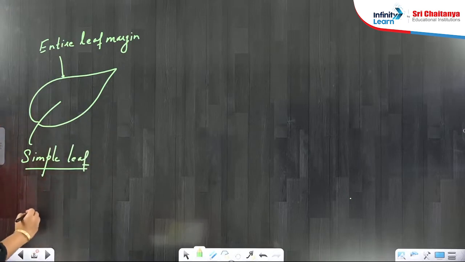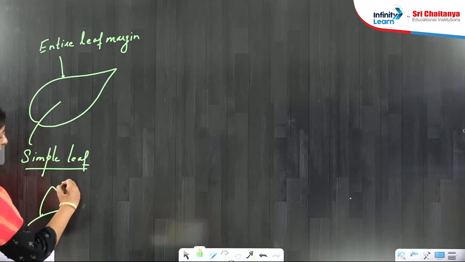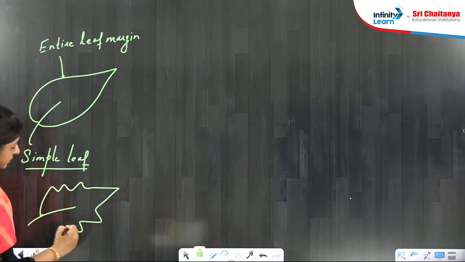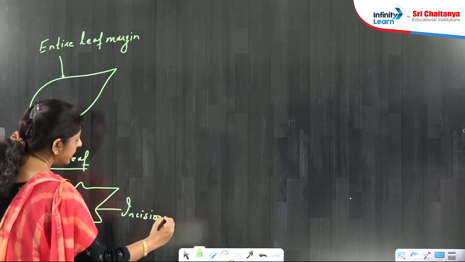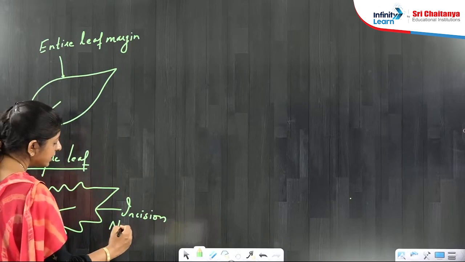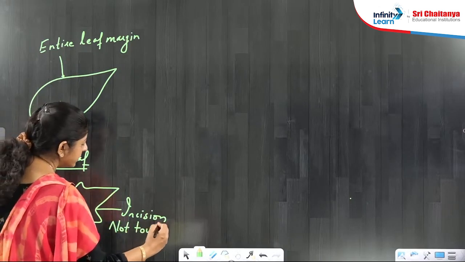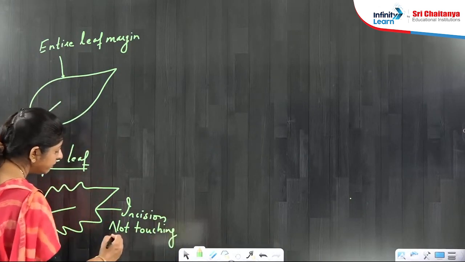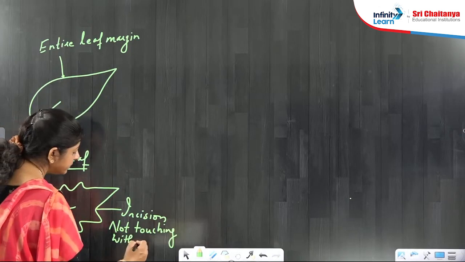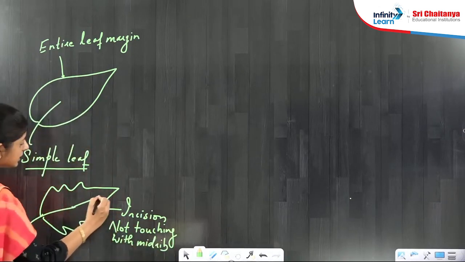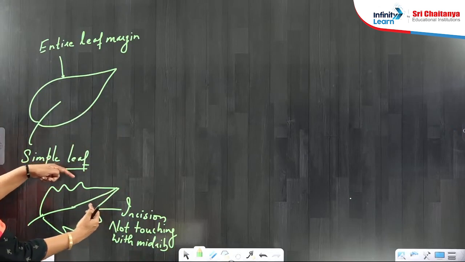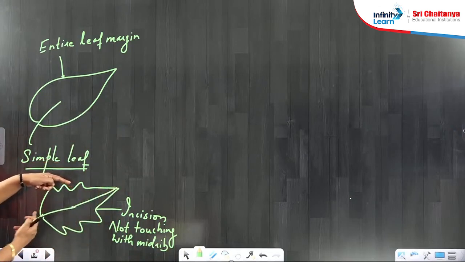But even if the margin is showing incision, here the incision is not touching the midrib. Can you see this incision and this is the midrib? It is not in that much depth that it will start touching the midrib.